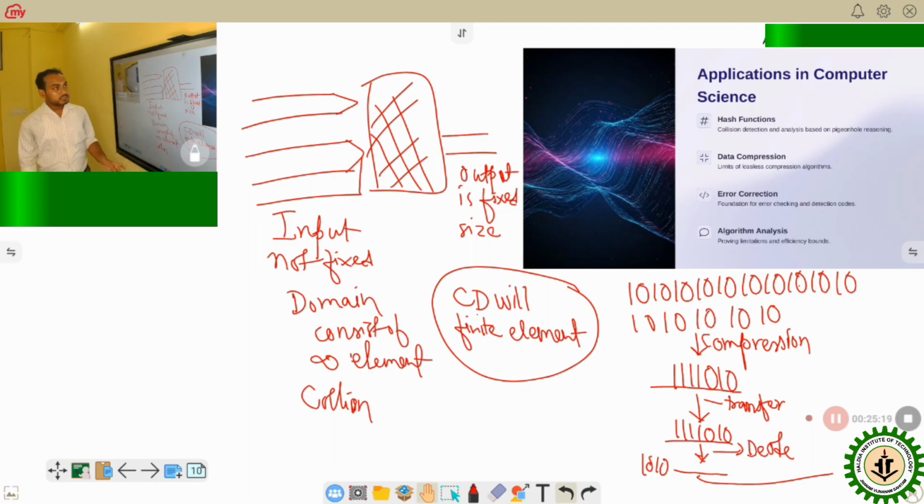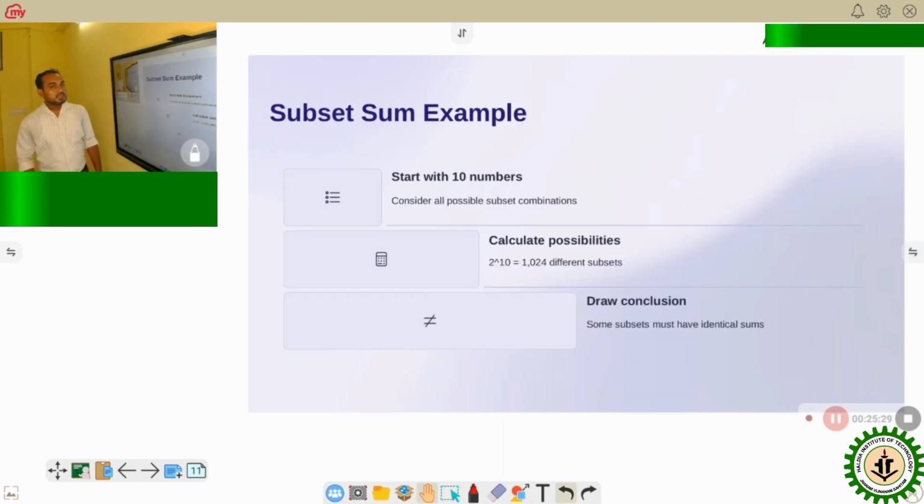So real life applications of the pigeonhole principle can be seen in computer algorithms, such as data compression using hash functions or error correction.